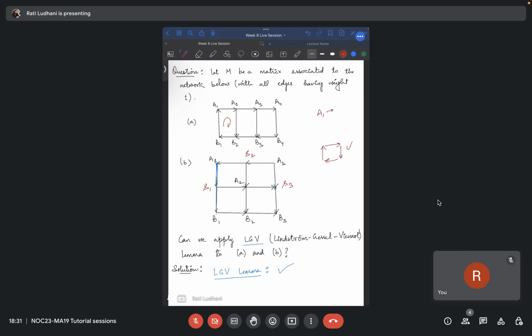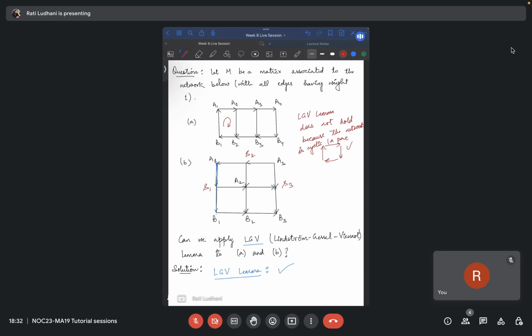So A will fail because there is a cycle; the LGV lemma does not hold because the network is cyclic, or maybe there's a part which is cyclic.